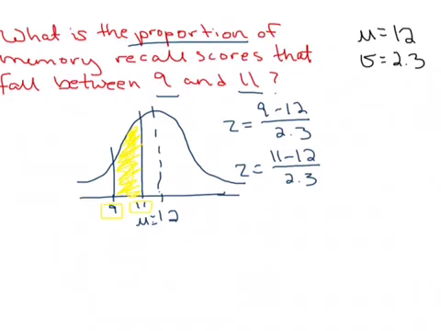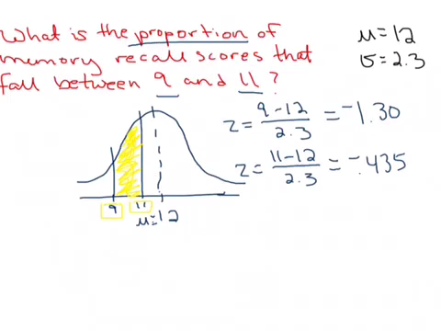For the z equals 9 minus 12, we should be getting a negative 1.30. Now that makes sense because 9 is below 12, which is the mean, so it should be a negative z. And then we have a z of negative 0.435, which could be rounded to negative 0.44.